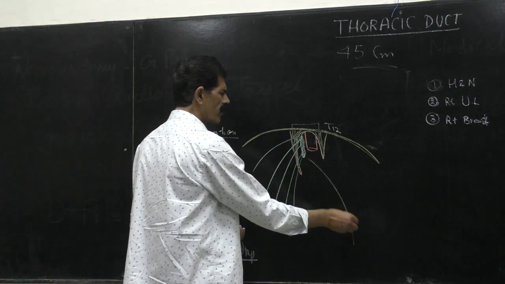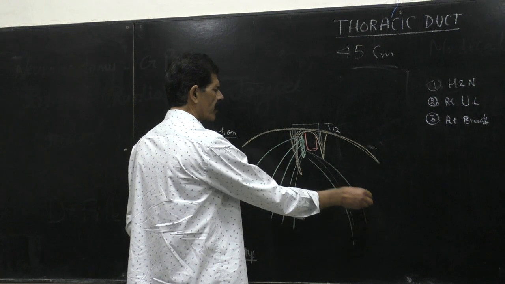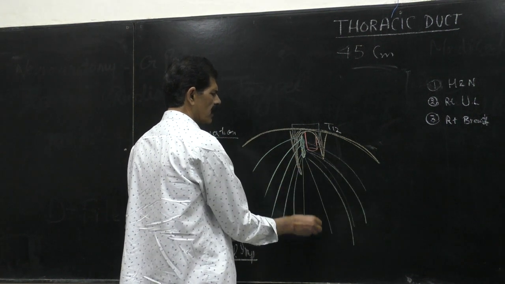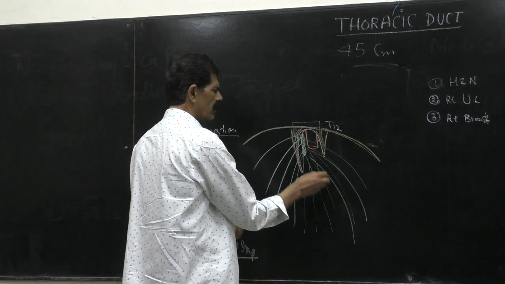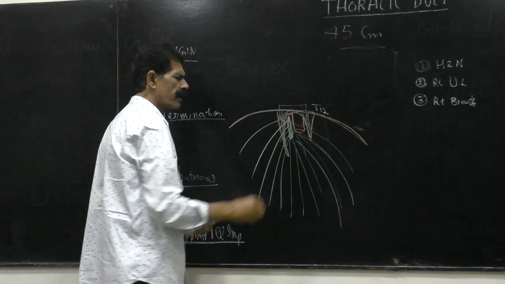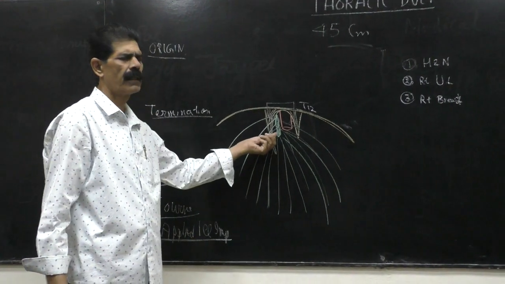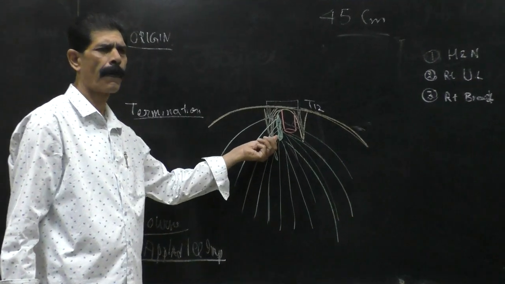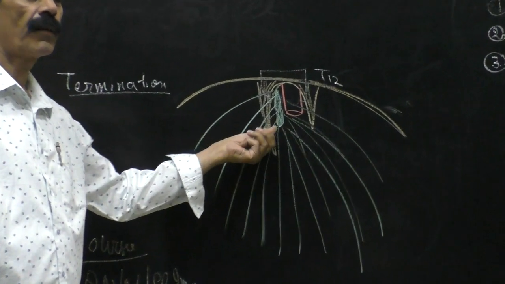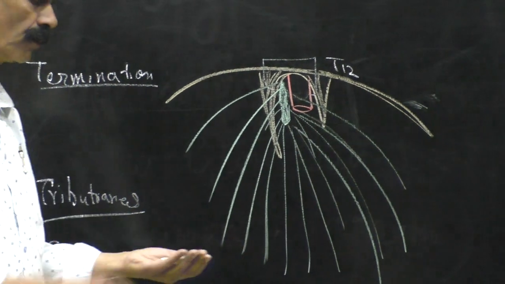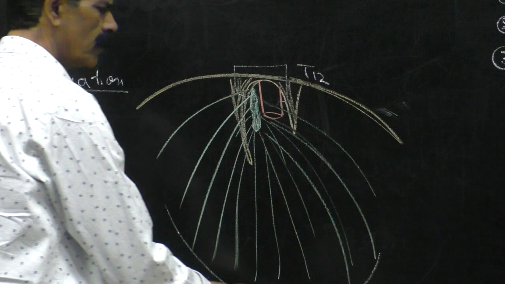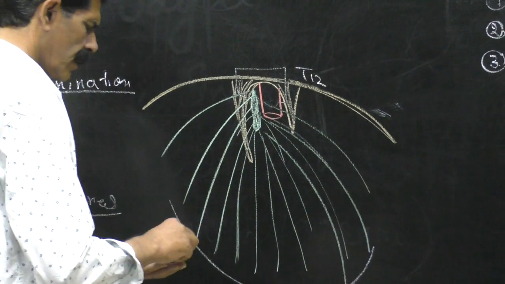So lymphatics from the abdomen reach the thoracic vertebral level and they all drain into a saccule-like structure, which is called the confluence of the lymphatics of the abdomen. So from all the organs of the abdomen, the lymphatics start.